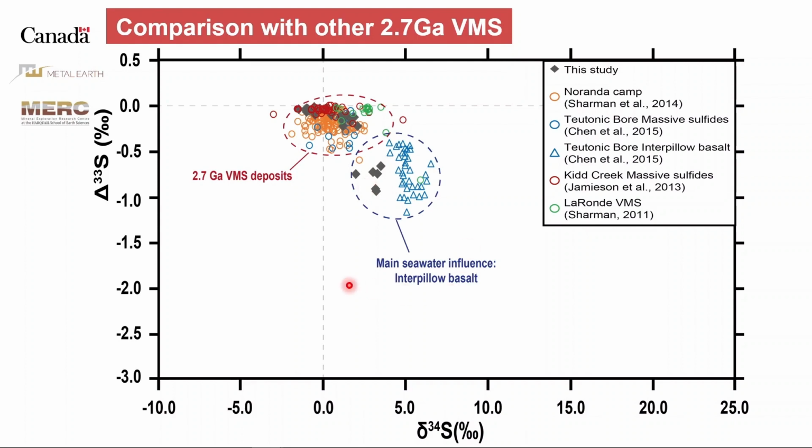What is really interesting is that we observe really similar isotopic signatures between all these VMS deposits dated at 2.7 billion years. Also, in Teutonic Bore, they analyzed what they call the interpillow basalt, which basically corresponds to exhalite. We see really similar isotopic signatures between our exhalite and the interpillow basalt they analyzed.